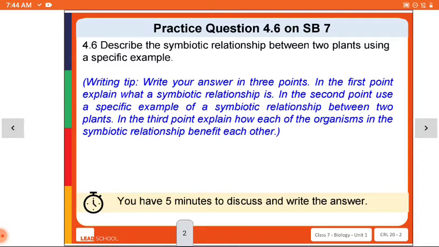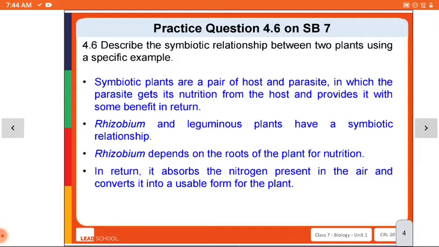In the first point, explain what a symbiotic relationship is. Symbiotic plants are a pair of host and parasite in which the parasite gets nutrition from the host and provides it with some benefits in return.